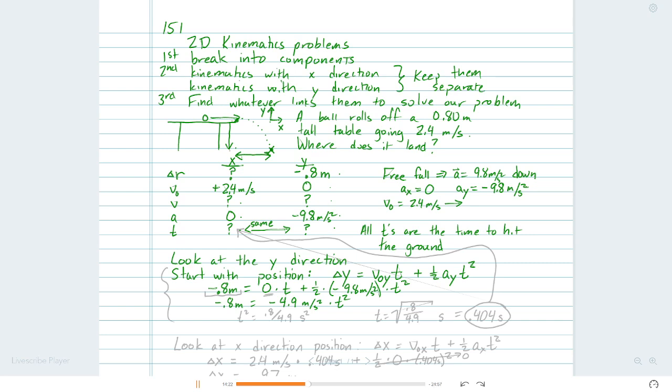So t squared is going to be 0.8 over 4.9. The meters will cancel out, and I'll be left with second squared. So t is going to be the square root of 0.8 over 4.9 seconds. And most of us will have to whip out a calculator for that. And I get 0.404 seconds.